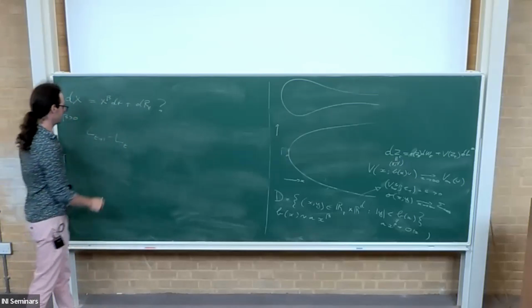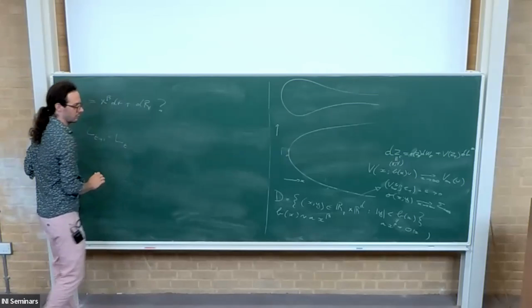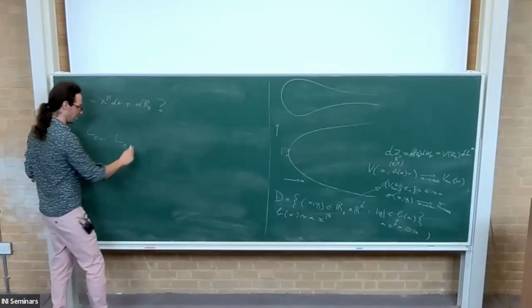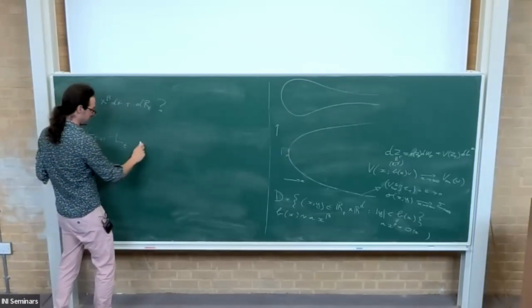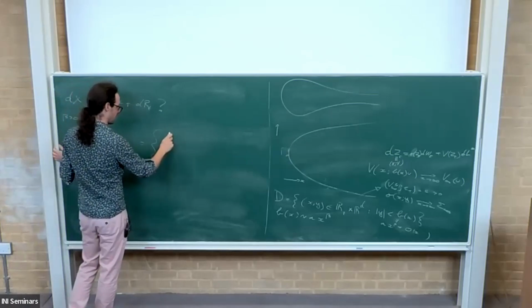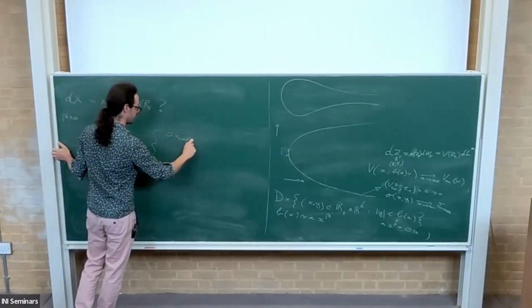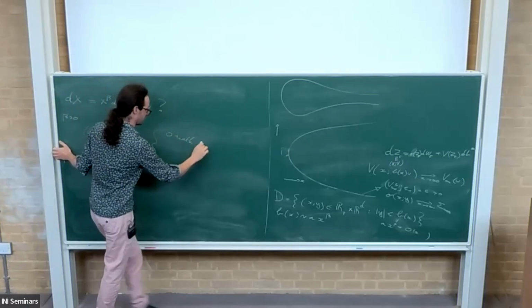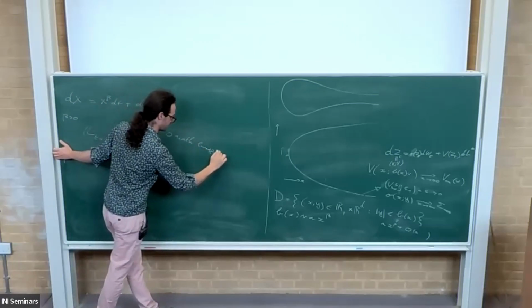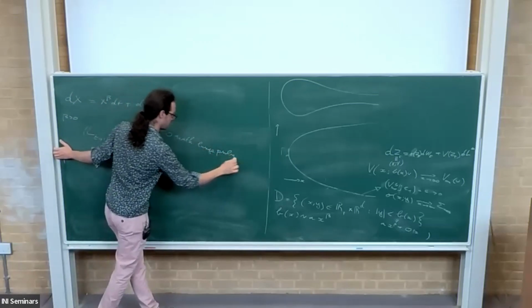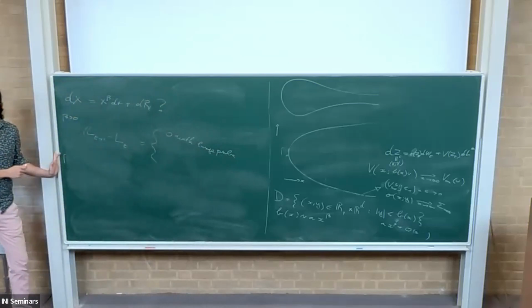I'm saying this, in fact, is going to be 0 with large probability, provided that t is large.